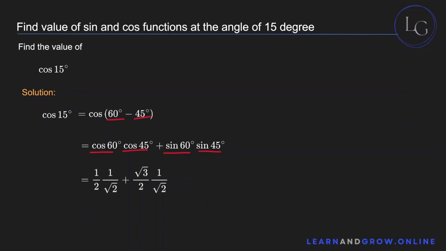Cos 60 is 1 by 2, cos 45 is 1 over under root 2, sine 60 is under root 3 by 2, and sine 45 is 1 by under root 2. Once you do all the multiplication, you end up with this. So, without using the calculator and by using the trigonometric identities, you found that the values of the sine and cos functions of the angle 15 degrees are very simple.